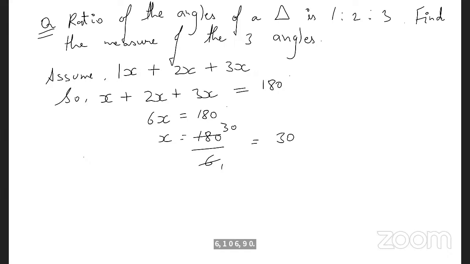So we have x which is 30 degrees. Now ratio is 1 is to 2 is to 3, or 1x is to 2x is to 3x. X we know is 30. What will be the second angle? 2x means x into 2. So this is the first angle.